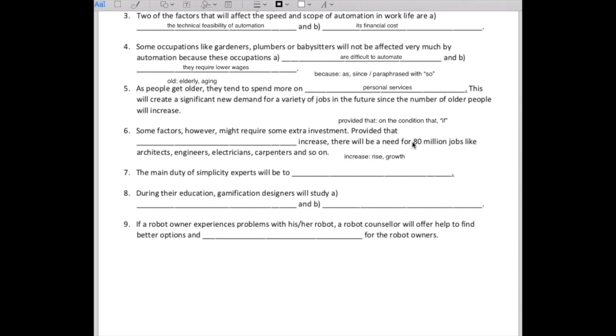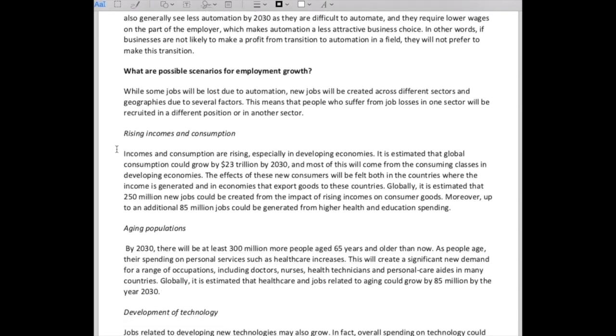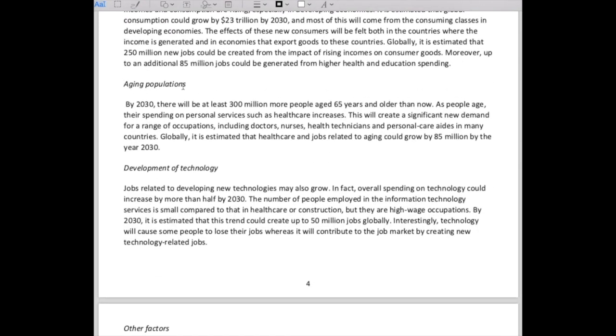So let's have a look at the text. We have some keywords, 80 million jobs. We know that we're looking for a condition because we're looking for if, and then we're looking for factors, and we're also looking for investment. This is another key word. And we also have architects, engineers, electricians. So we have a lot of keywords to find the information efficiently. Okay, let's have a look at the text. Now, we've done the part of aging populations, so we can continue.